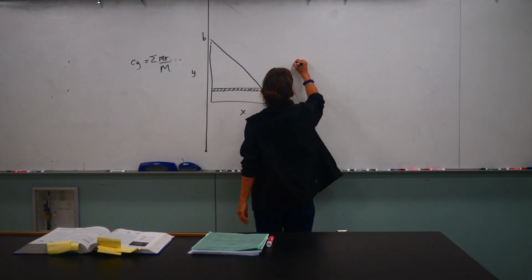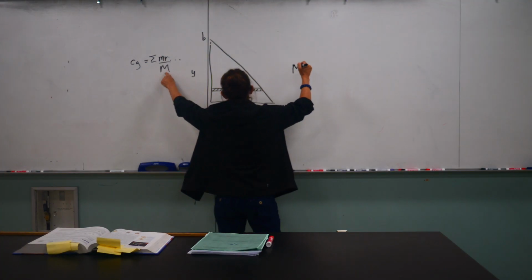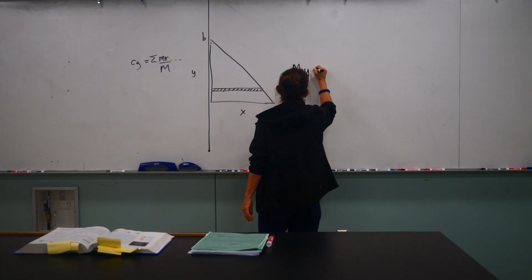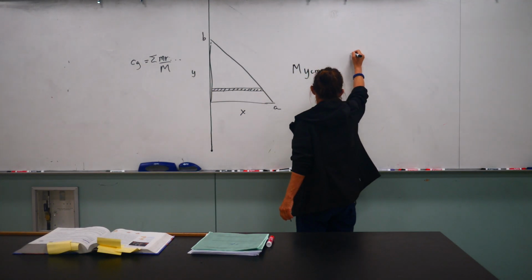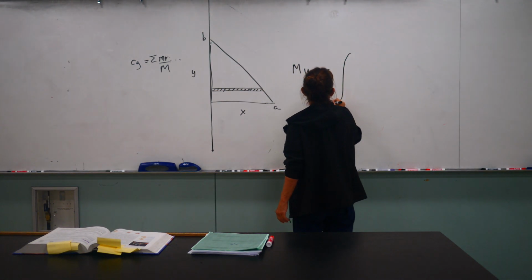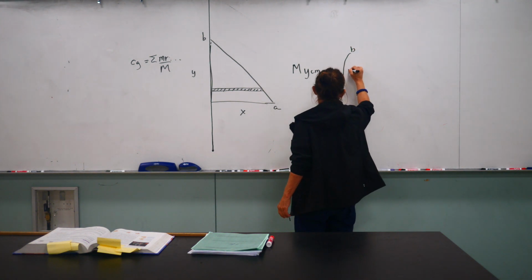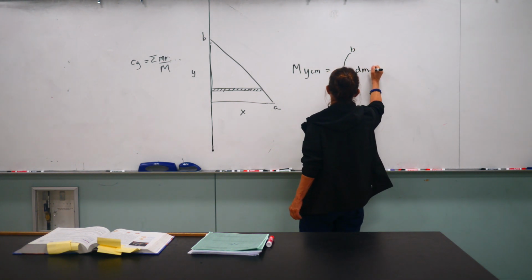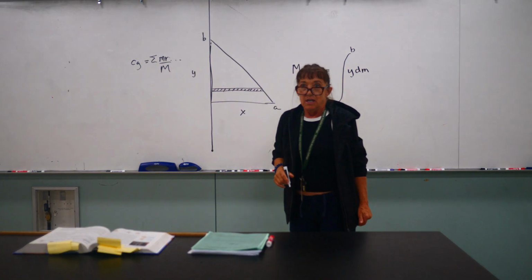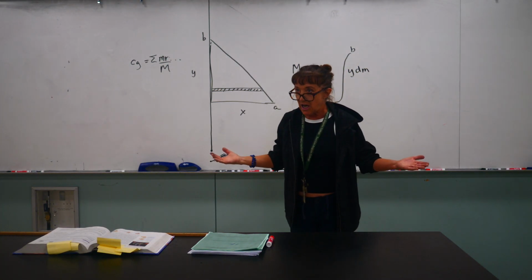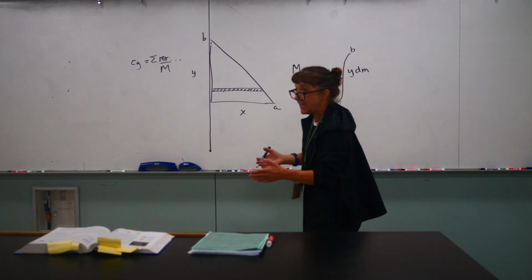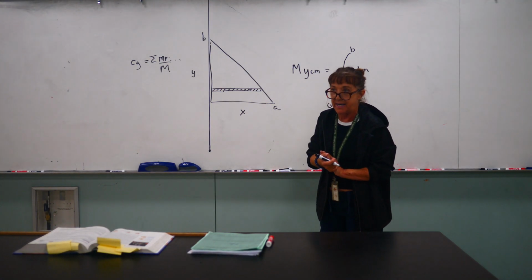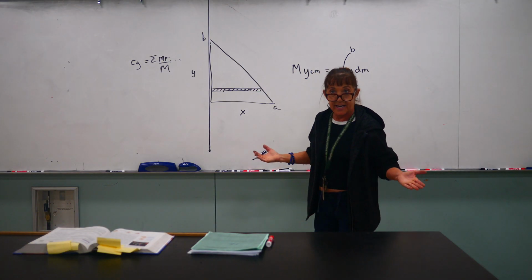So we're going to have M, the total mass, times y center of mass equals the integral from 0 to B of y dm. And once again, with our integrals, we don't know the dm. This is not a volume, so it's not going to be rho dV.